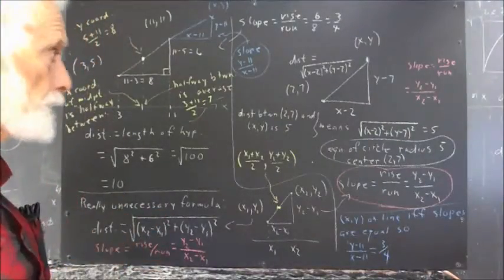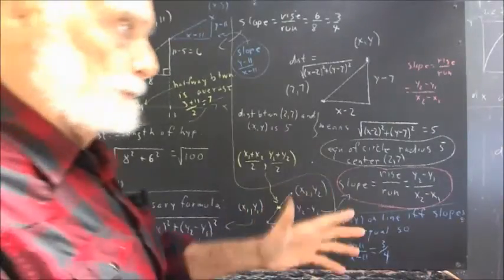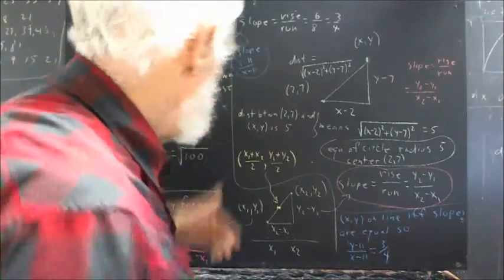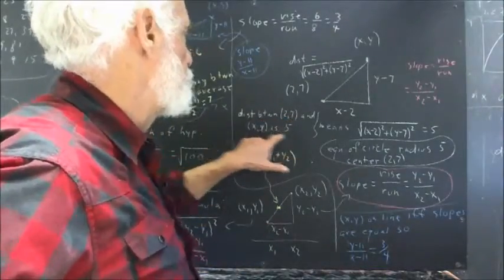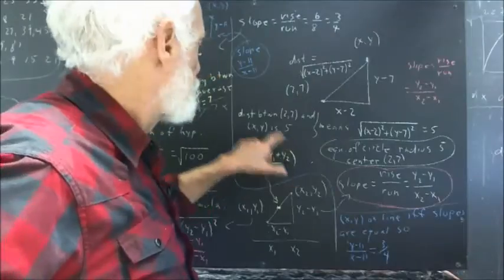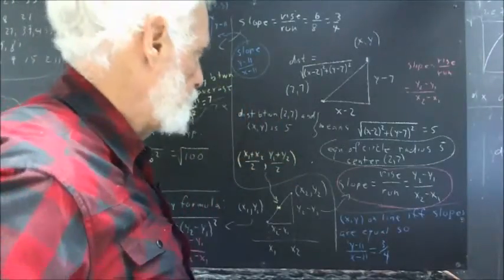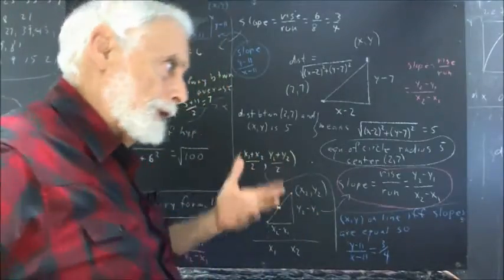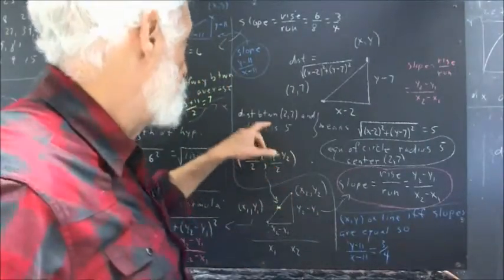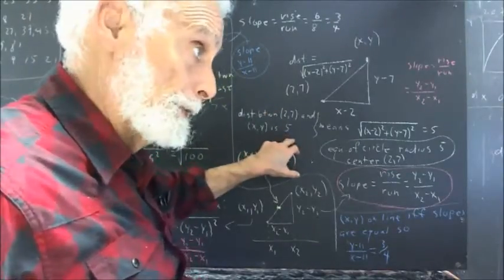Another comment: the statement is also given that the distance between (2, 7) and (x, y) is 5. Of course the instruction was to translate the statement into a mathematical expression. In this case, the expression would be an equation, because it said something is something else, which means this equals this.